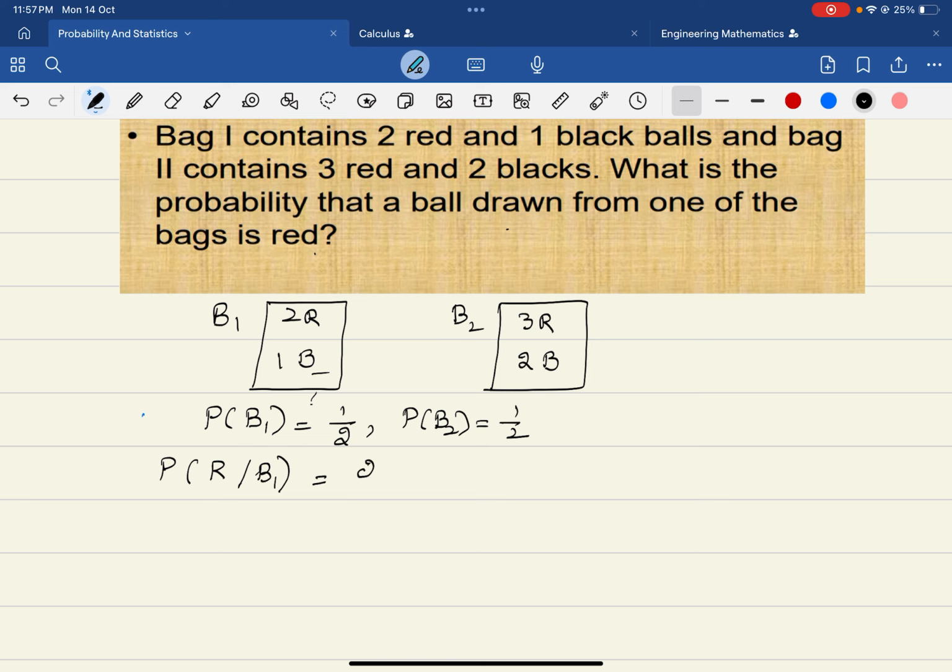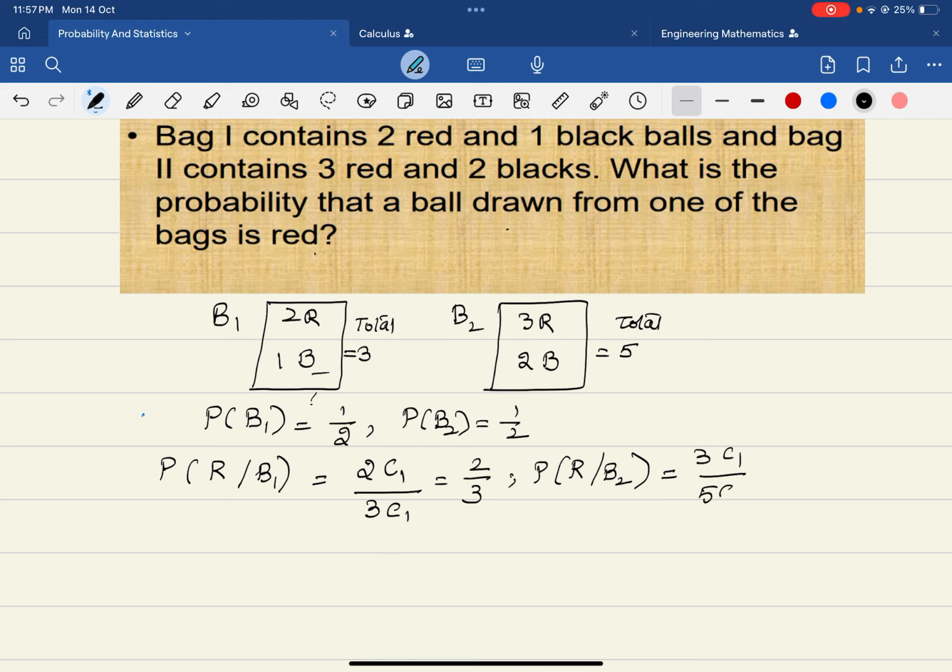How many red balls are there? 2 red balls out of 3 balls, which is 2C1 over 3C1, which is 2 by 3. Because there are 3 items here, there are 5 items here in total, correct? Now, I want the probability of red ball already given bag 2 is selected, R given B2. Now, what is that? 3C1 over 5C1. So that means it is 3 by 5.